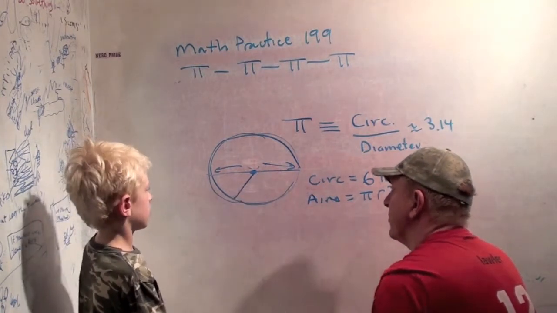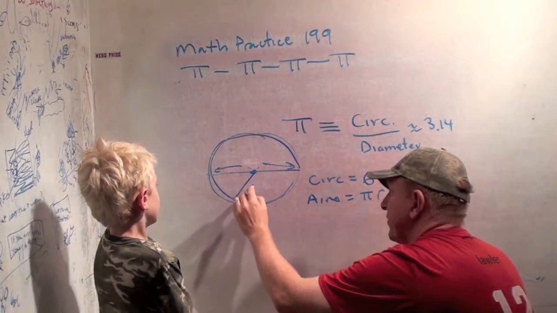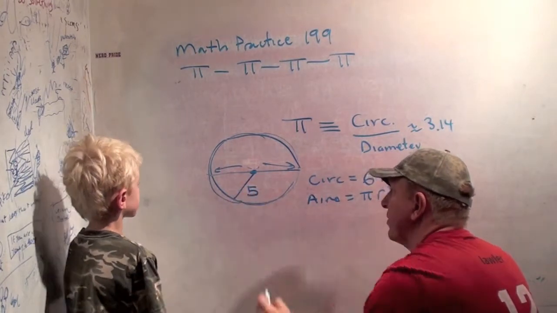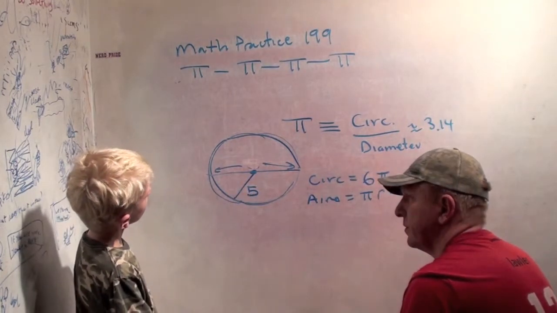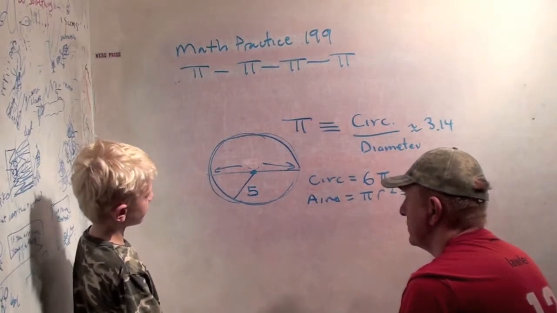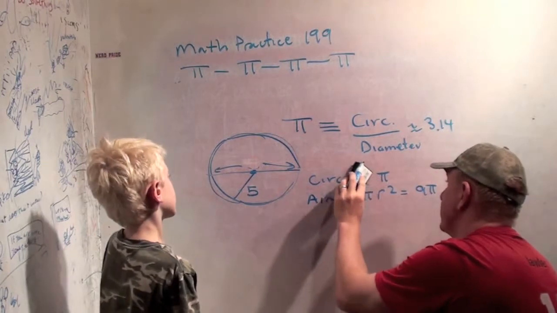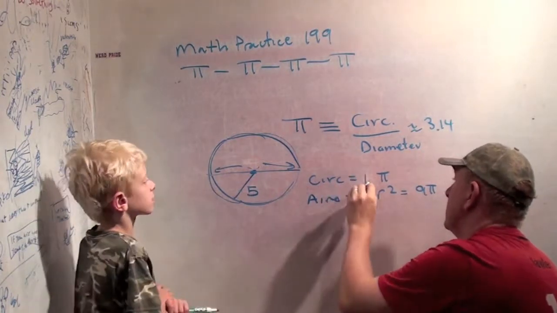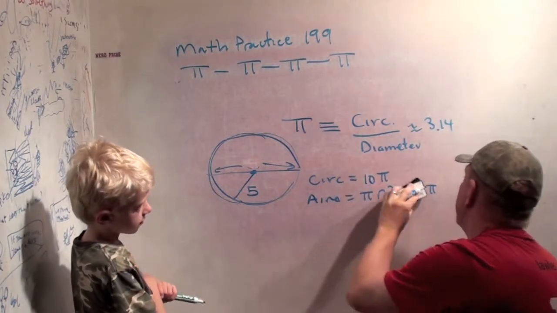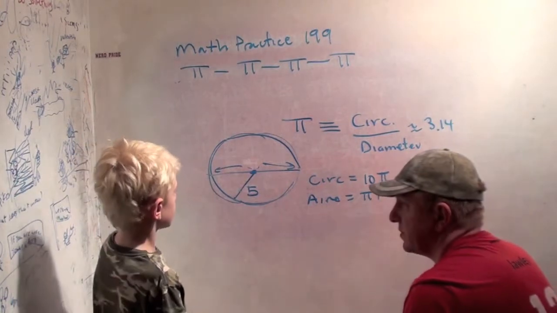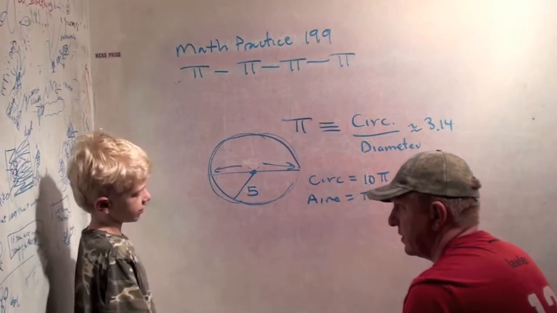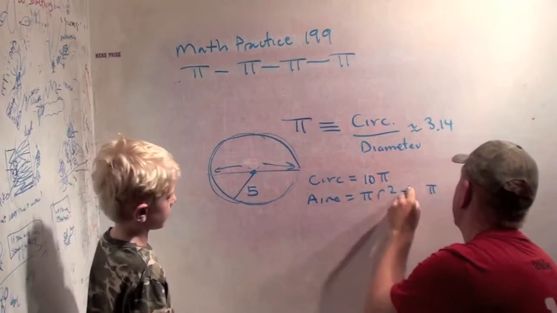What if the radius was 5? What would the circumference be? The circumference would be 10 pi. 10 pi, very good. And what would the area of this circle be? 5 times 5 is 25, so 25 pi.